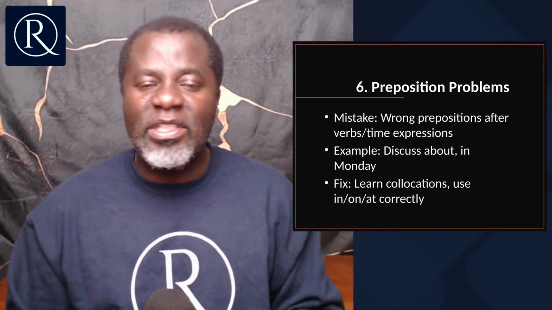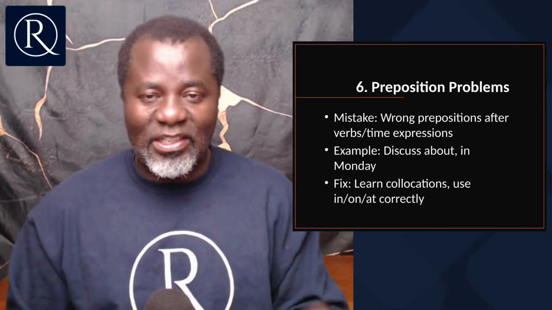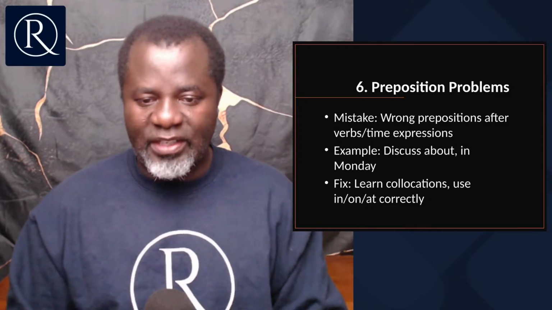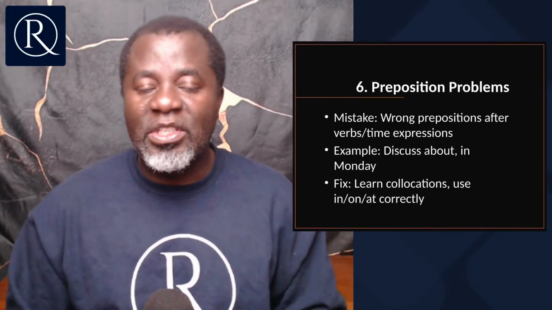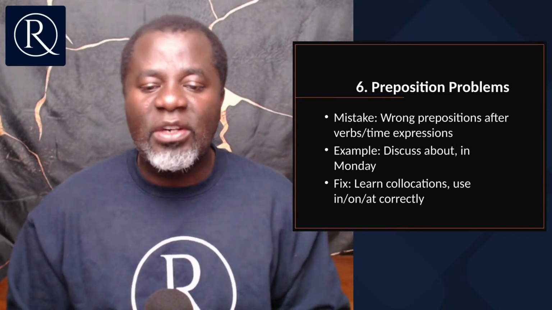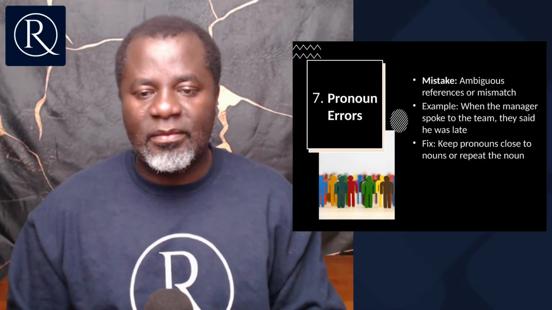So you can say, I am interested in knowing how you will go about this. So you need to know which words go with which preposition. To fix this mistake, you need to learn collocations and how to use in, on, at correctly. You need to do that.